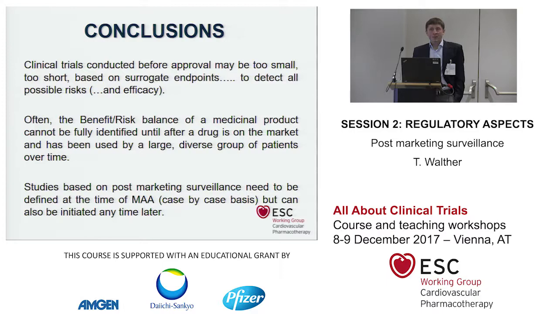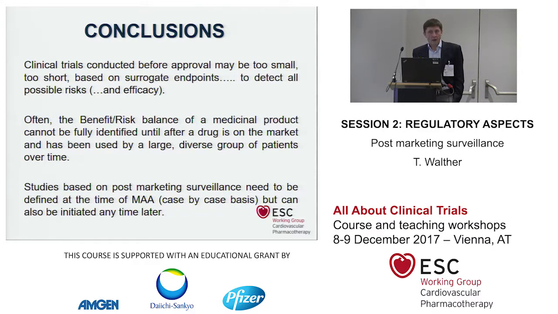So the taking home message of what I said to you is, and it might be a surprise, but it is the reality. Whenever you perform your clinical trials, phase 2, phase 3, at the end, your sample or patient size is too small, the clinical trial is too short and based on surrogate endpoints to really detect all the risk.